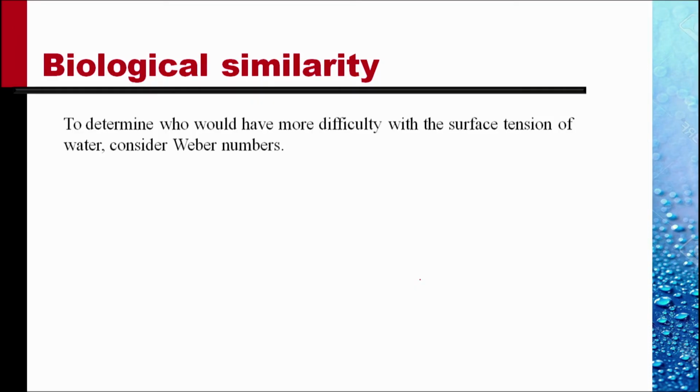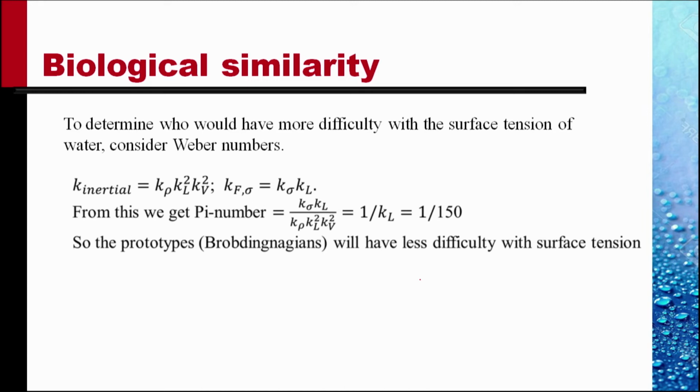To determine who would have more difficulty with the surface tension of water, consider the Weber number. Weber number gives the relation between the inertial forces and the surface tension forces. K inertial, we have established a number of times, is equal to K rho times KL square into KV square.